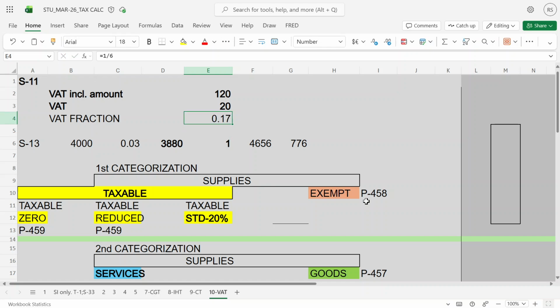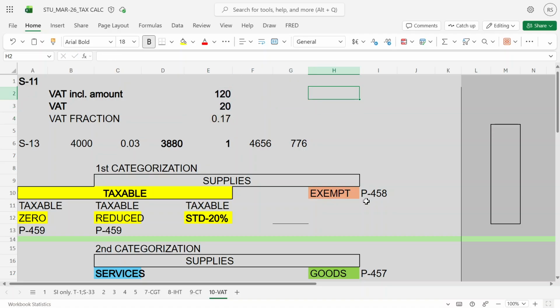So you can see how I've defined it: if you multiply the VAT inclusive price by the VAT fraction, you get the VAT amount. You can do it for any amount.